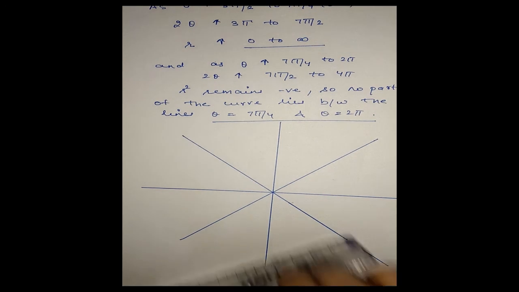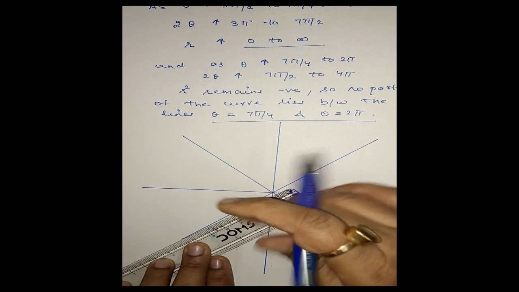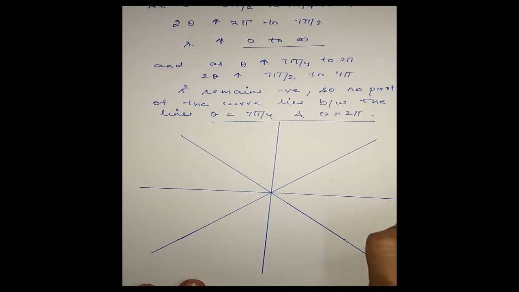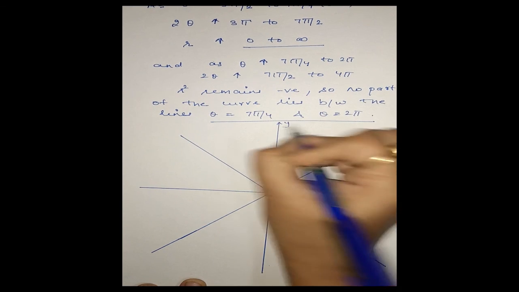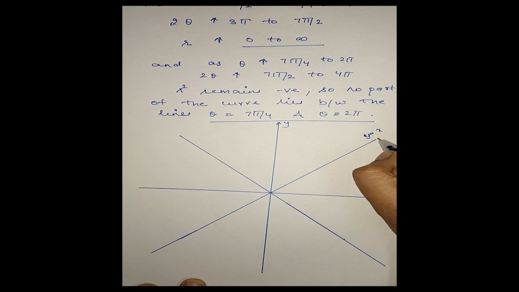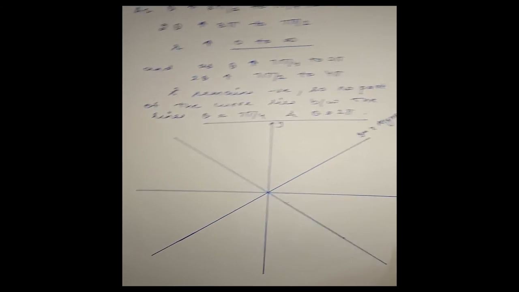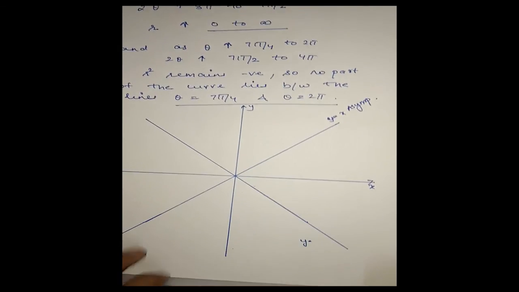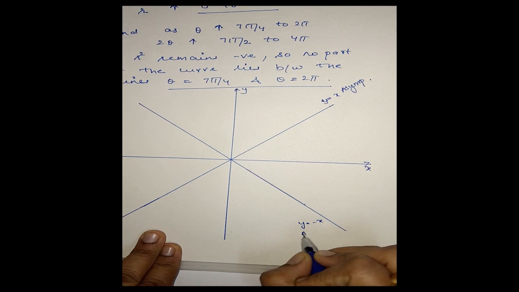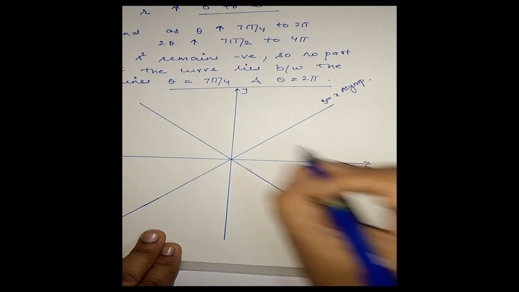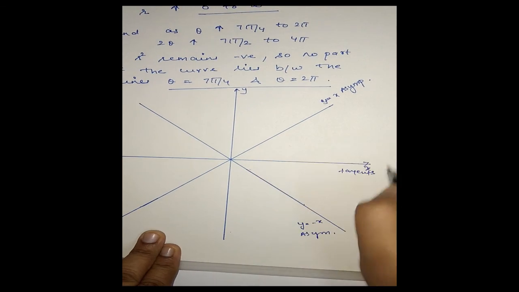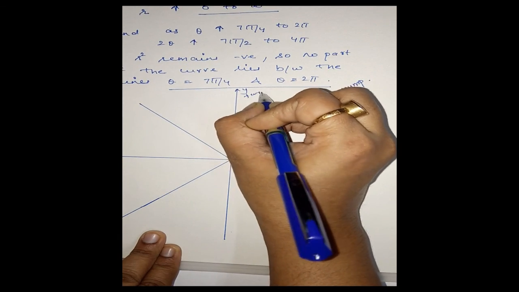Now this is the x-axis, this is the y-axis, this is y is equal to x, this is an asymptote. This is y is equal to minus x, this is also an asymptote. These x and y axes are the two tangent lines.